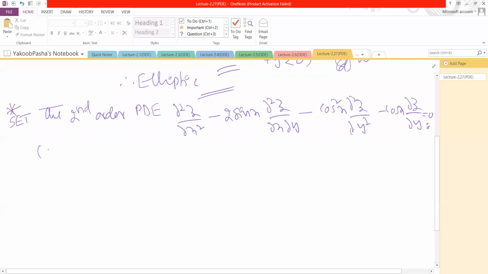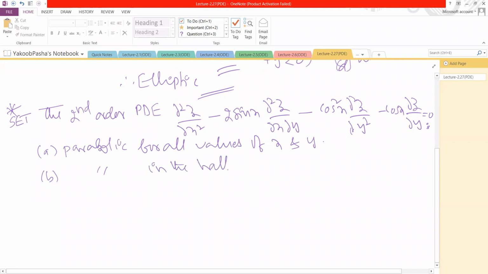Option A is parabolic for all values of x and y. And option B, parabolic in the half plane x greater than or equal to 0.